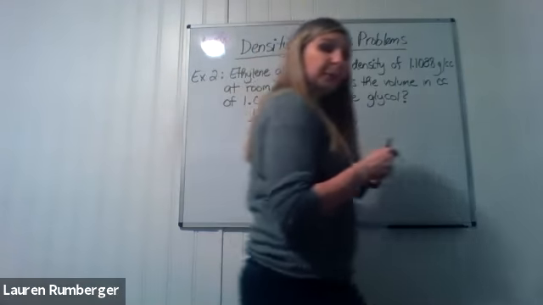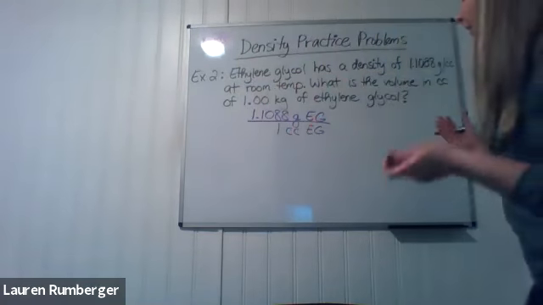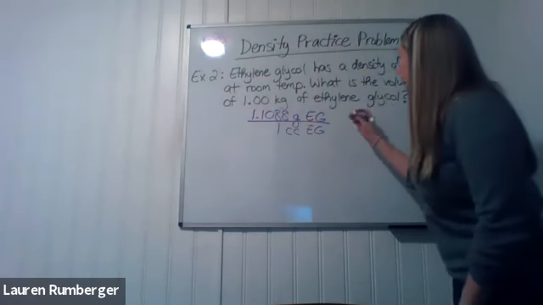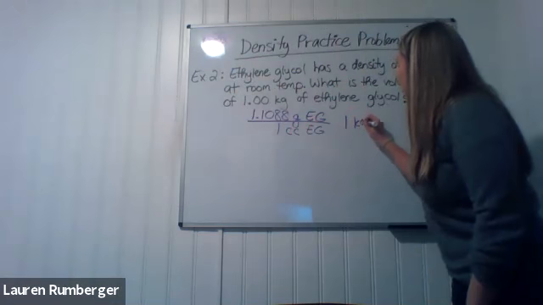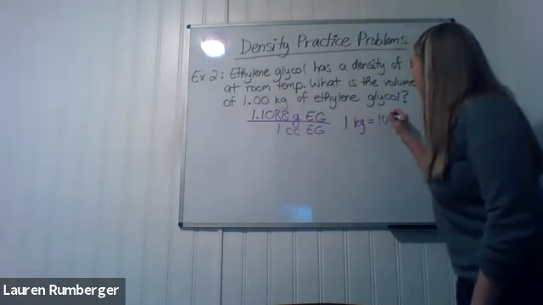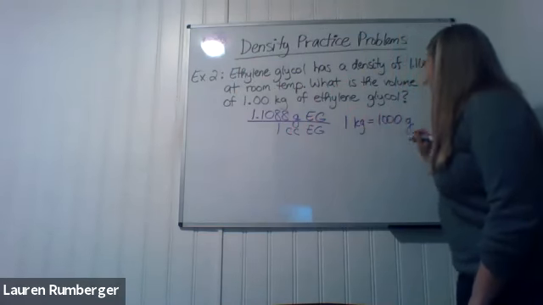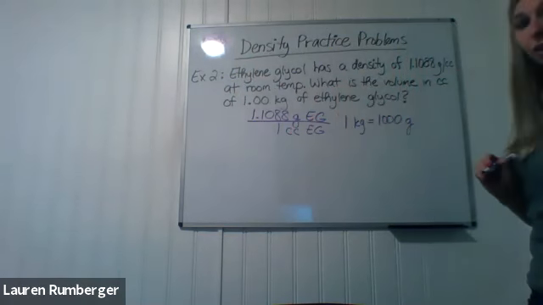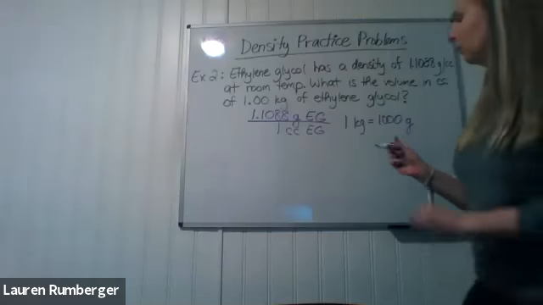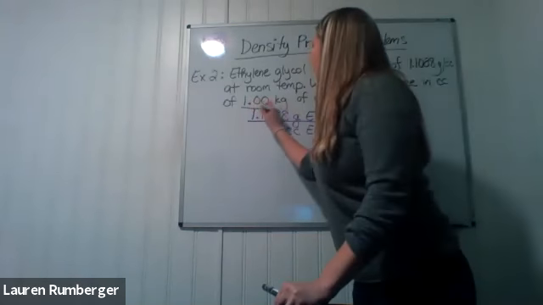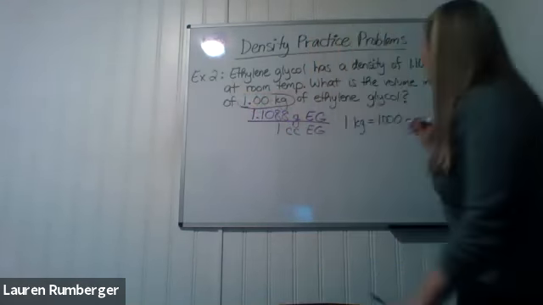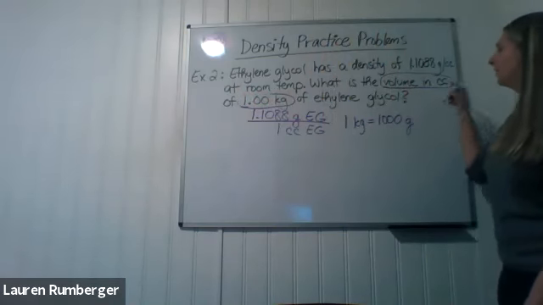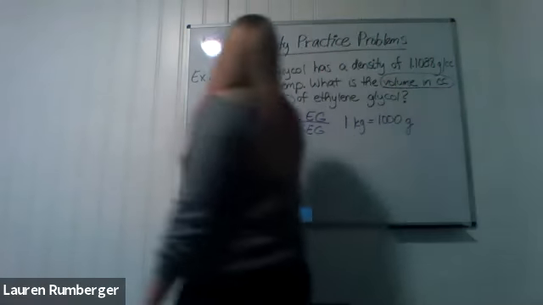So what do we know about the relationship between a kilogram and a gram? 1 kilogram is equal to 1,000 grams. So now using these two relationships, we'll be able to take our given value and change it to the desired unit, volume in cubic centimeters.